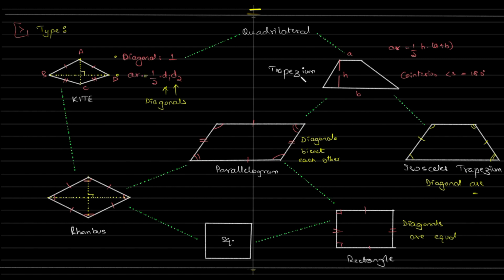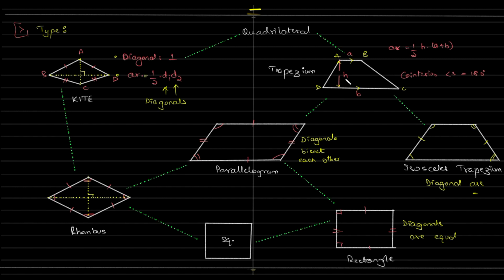Okay, next is a trapezium. Trapezium is quite simple. It is a quadrilateral wherein one pair of opposite sides is parallel. That's it. So here AB is parallel to CD. And the distance between the two parallel lines, we are taking as h.